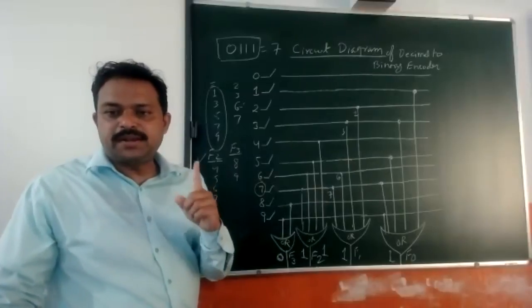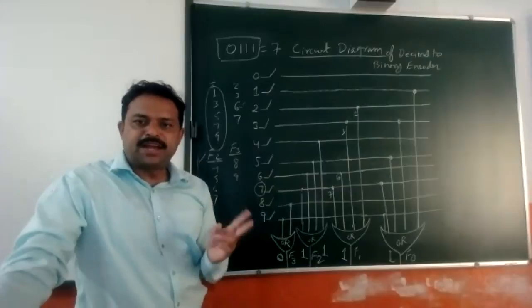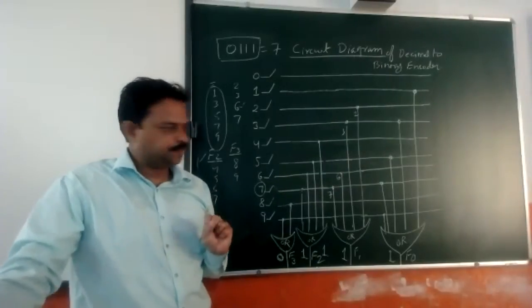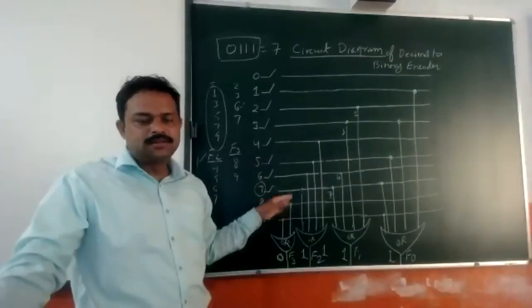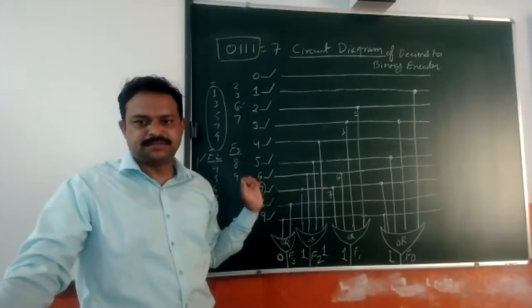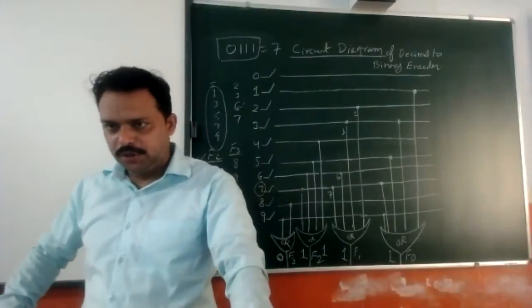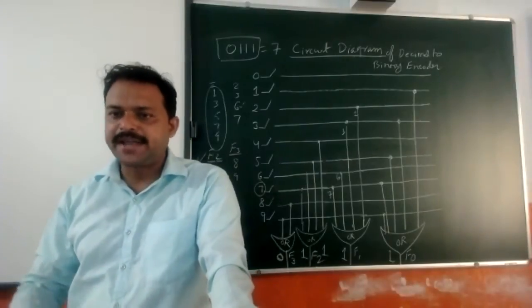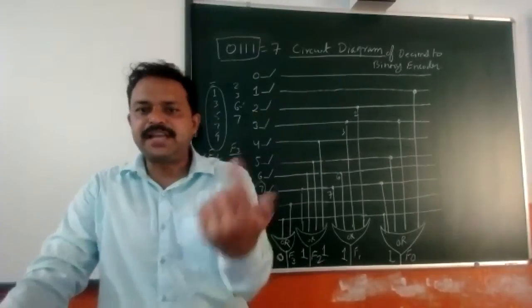One classification, one type we have discussed, decimal to binary encoder. Similarly, we will discuss octal and hexadecimal also. If you have understood the first one, it is sufficient. Regarding the working process, if you want notes on the working principle of the encoder, I can give you. Otherwise, you can also explain by your own by taking any one example.